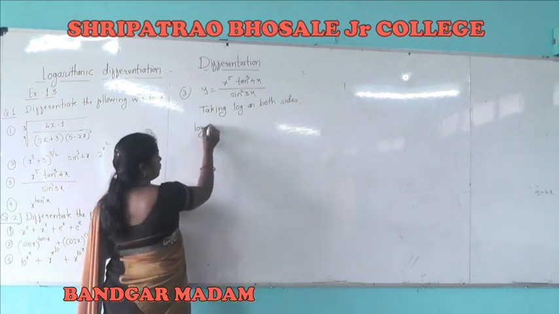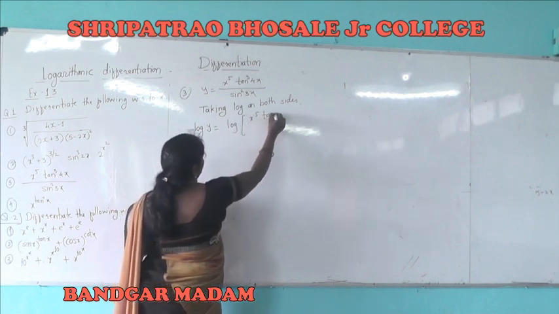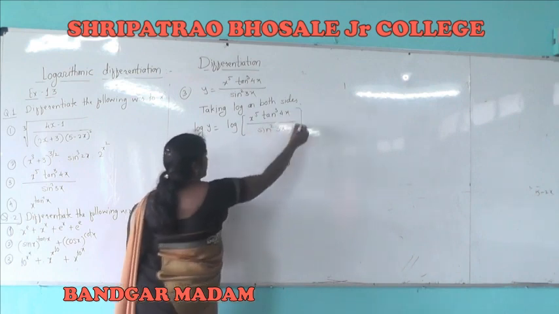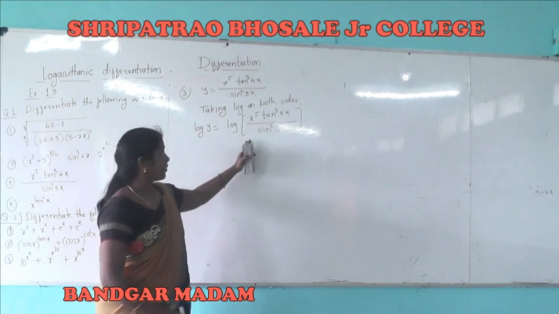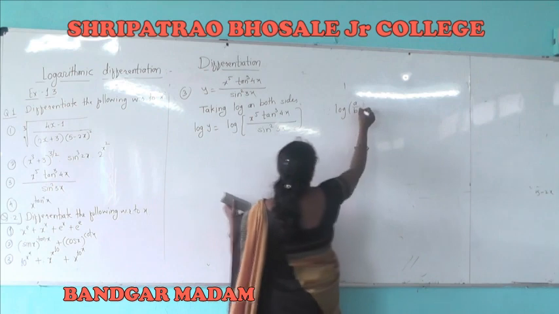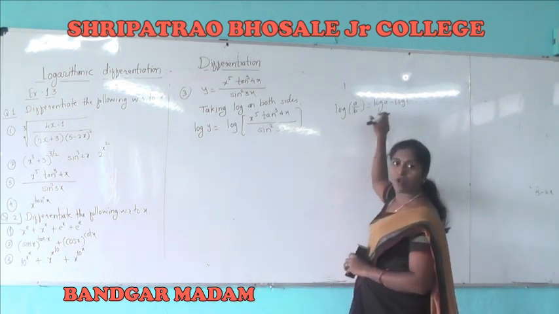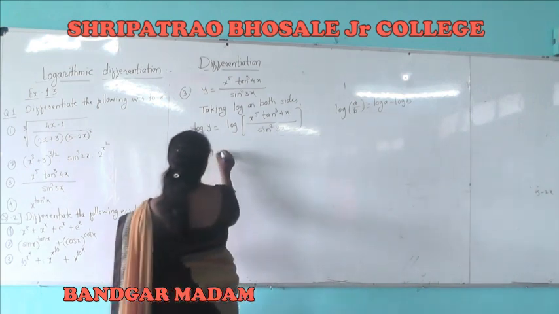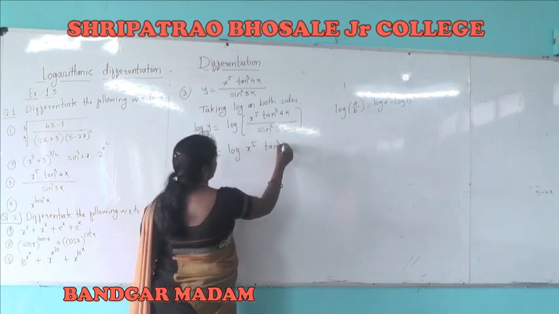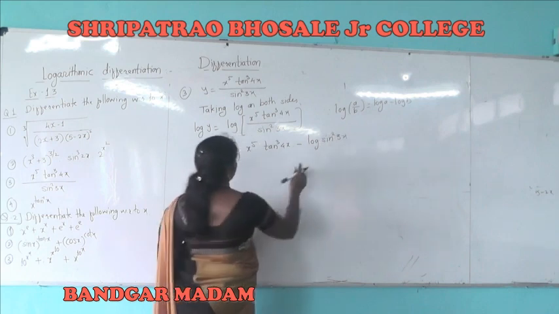We get log y is equal to log of x raised to 5 tan cube 4x upon sin square 3x. Now we will distribute log over this function, since log of a by b is equal to log a minus log b. So distributing log over here, we get log y is equal to log of x raised to 5 tan cube 4x minus log sin square 3x.